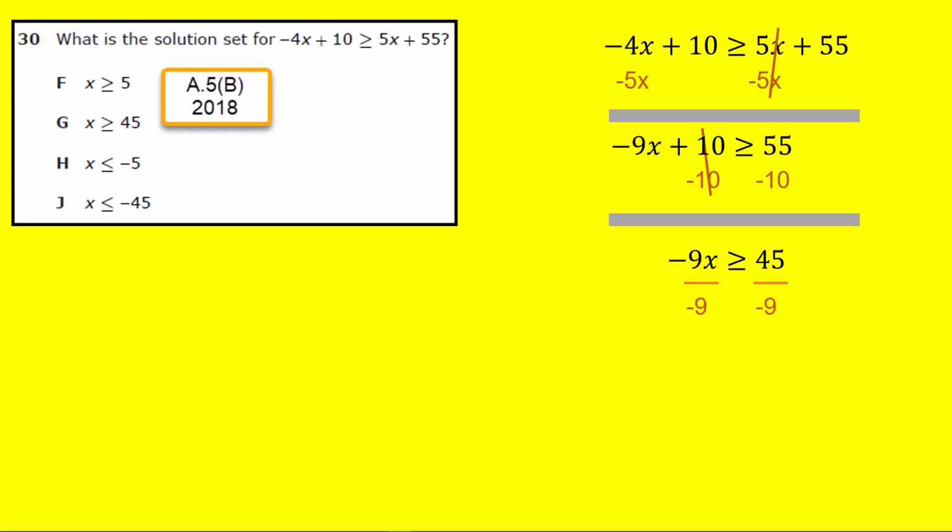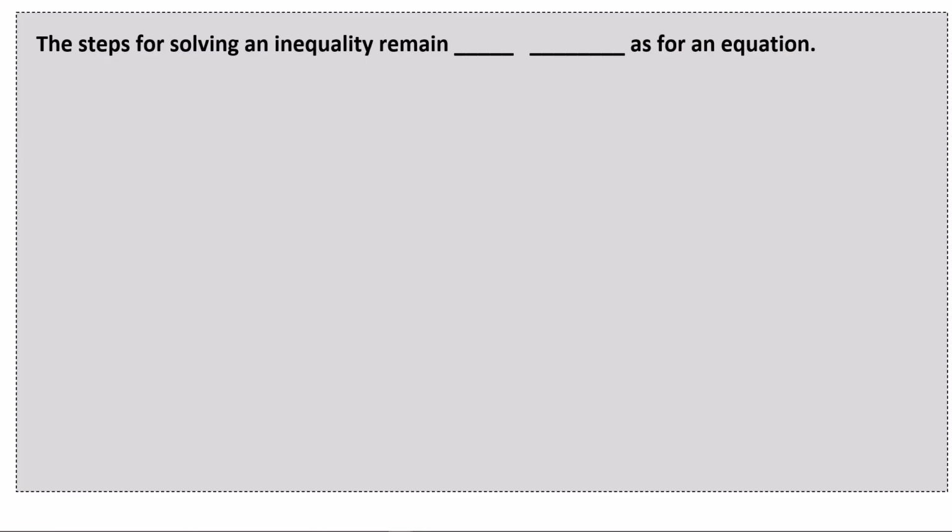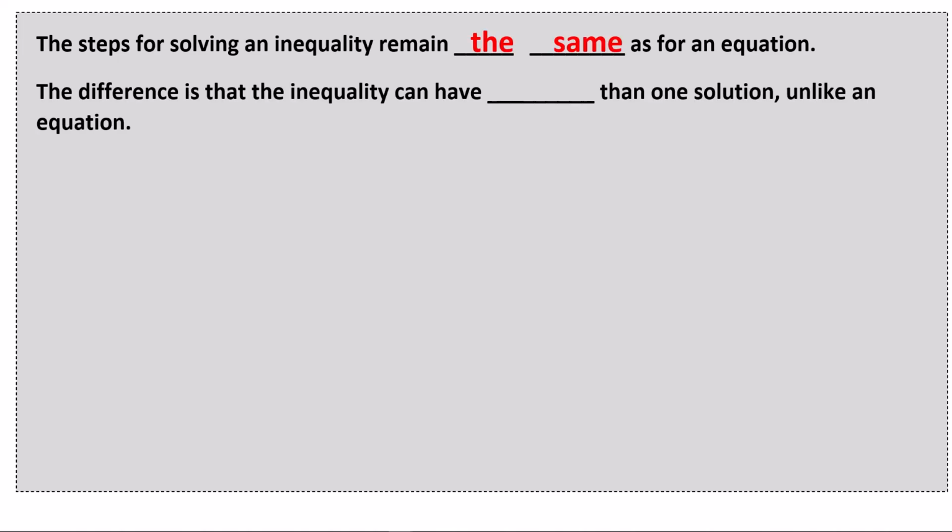Divide both sides by negative 9, leaving x less than or equal to negative 5. Because we divided by negative, again reverse the inequality. The steps for solving an inequality remain the same as for an equation. The difference is that the inequality can have more than one solution, unlike an equation.